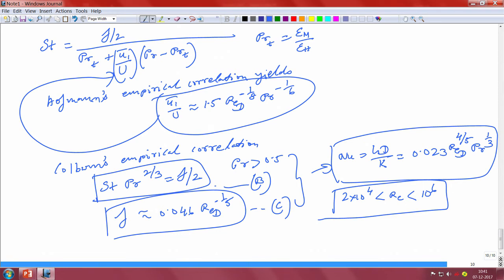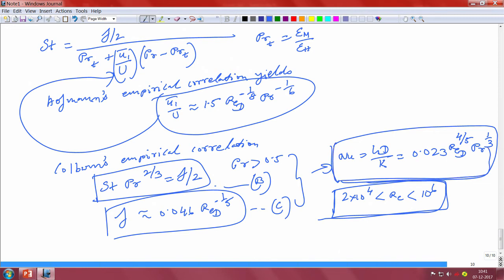There may be a lot of other correlations as well. Okay. So, one of them is given by Dittus and Boelter. There are tons of other correlations that you will find in different books, in different chapters, right. And so, in essence, the Nusselt number is of this particular form.